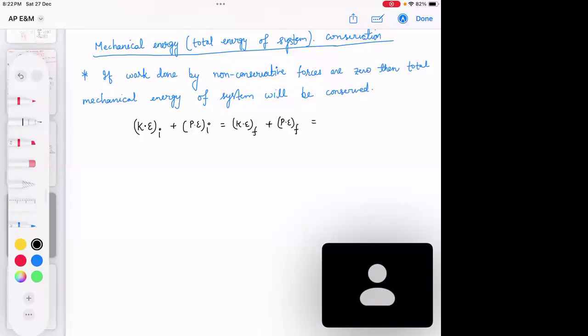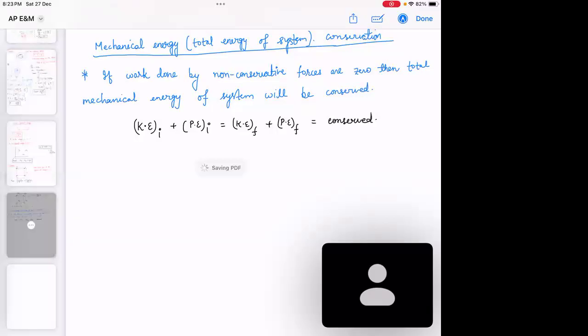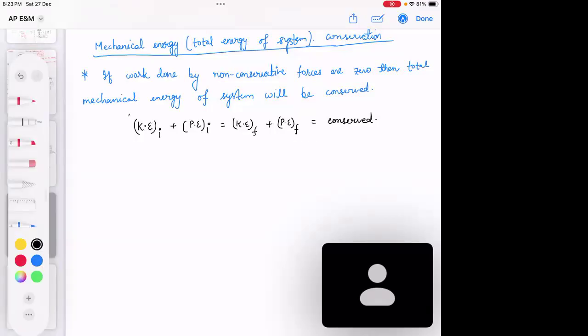That means it is conserved in the question. Understood? This mechanical energy conservation can only be applied if in a question there are no non-conservative forces doing work. So in the absence of non-conservative work, we can apply the energy conservation.